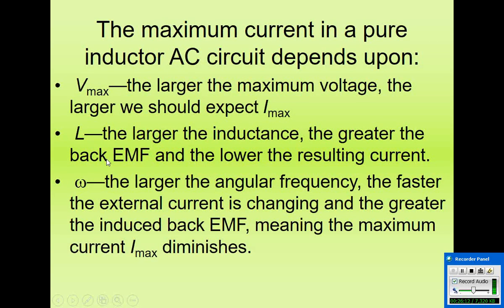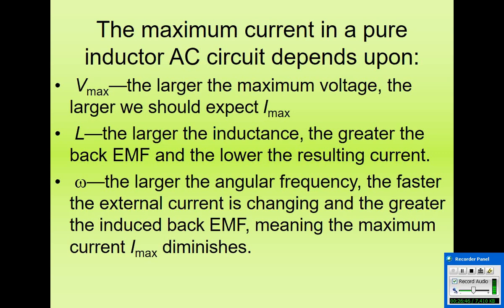Again, the larger the maximum voltage, the larger you should expect the maximum current to be. Nothing new there. But remember that the inductance is a measure of the ability of the device to provide back voltage, back EMF. The larger the value of L, the greater that back EMF, and the more effective it is at slowing down the current. So a larger value of L leads to a smaller maximum current.